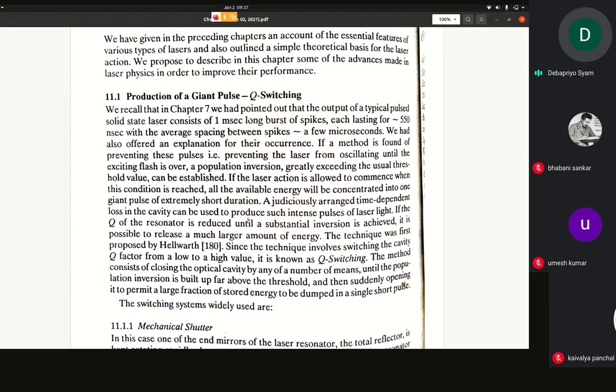So you have to reduce the energy in that particular mode. That is the amount of energy in the form of lasing radiation. So you keep Q low. If you can keep Q low, it implies that the amount of lasing radiation present in the ruby rod is low.